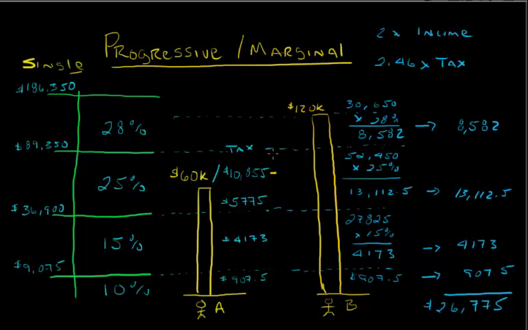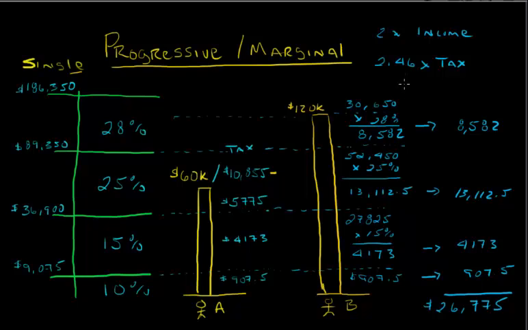So someone makes double the income, but they pay 2.4 times in tax. So if you want to do that math again, take 26,775. How many times does 10,855 go into there? 2.46. Now, the further you go up, if you tripled your income and we were at the 186,350, it almost comes out to be 4 times the tax rather than what you would think, 3 times.